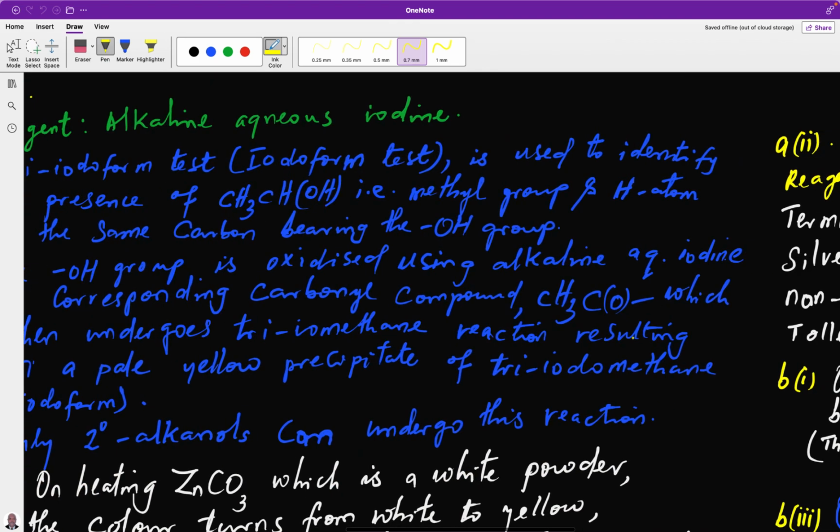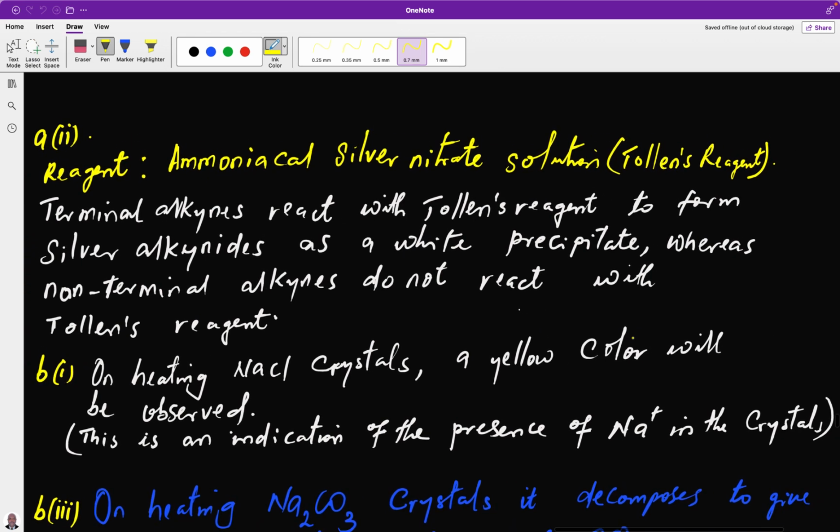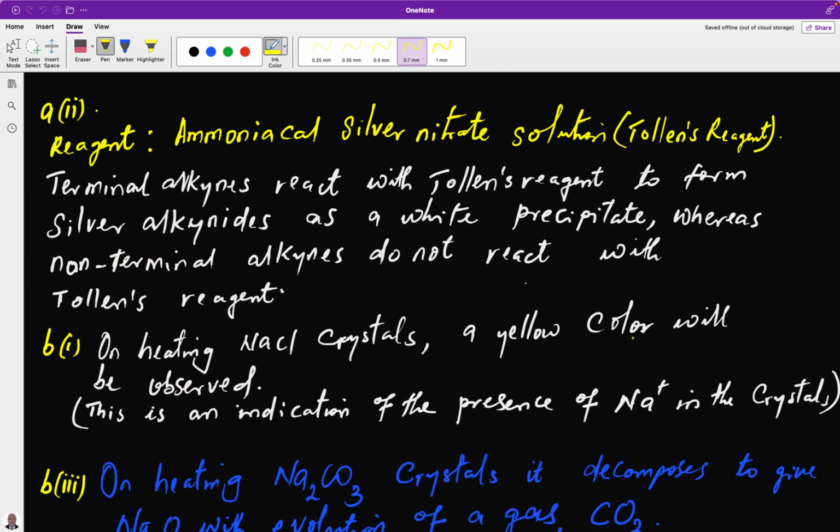Okay. Now, the reagent that is used to distinguish between terminal and non-terminal alkyne is ammoniacal silver nitrate solution, or what we call the Tollens reagent.